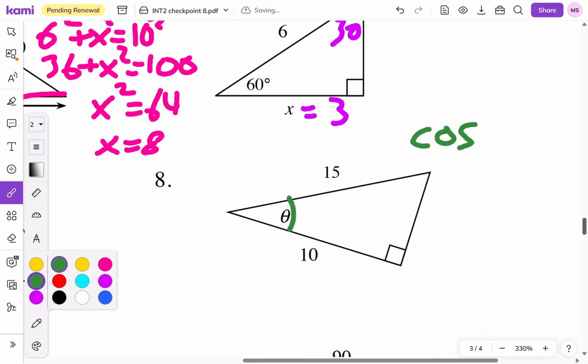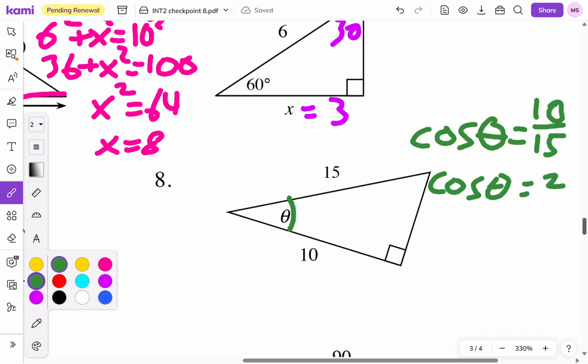You're like, I don't know what to do next. I'm like, write it out. And you're like, oh, yeah. Just write it out. 10 over 15. Okay, so if we simplify that, cosine of theta equals 2/3. And what that means then is that the inverse cosine of 2/3 equals theta.